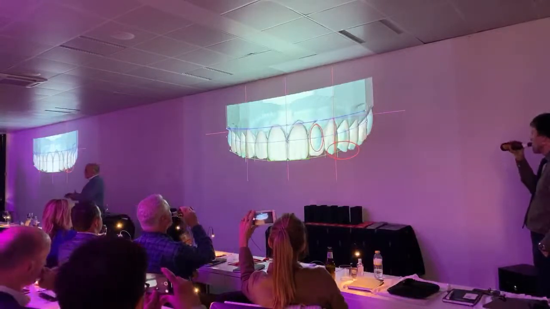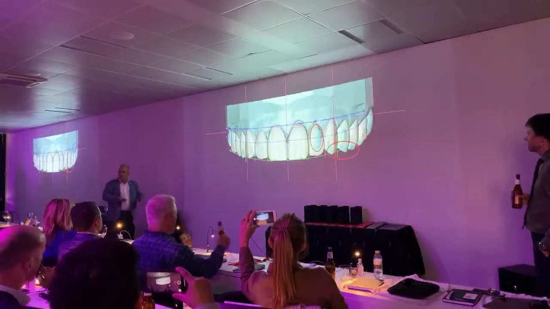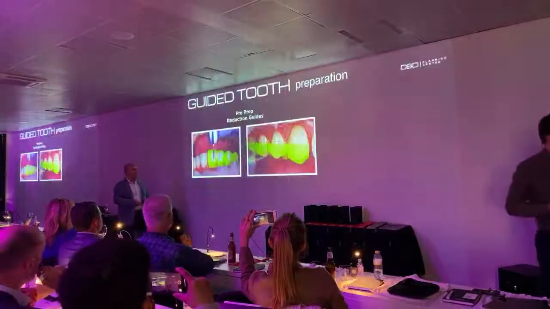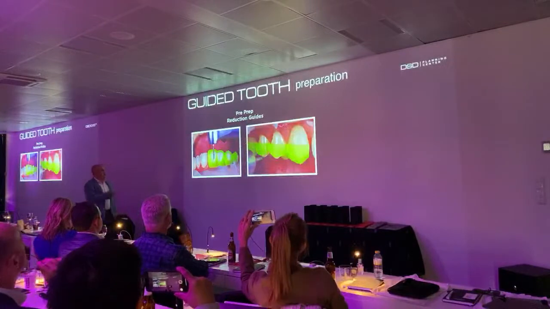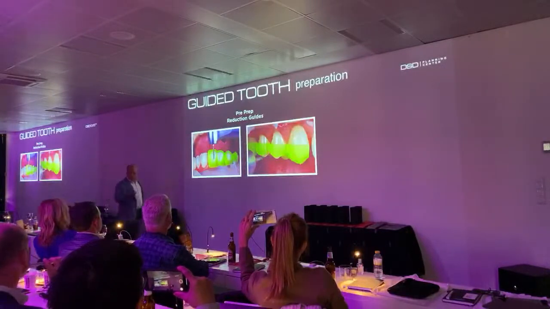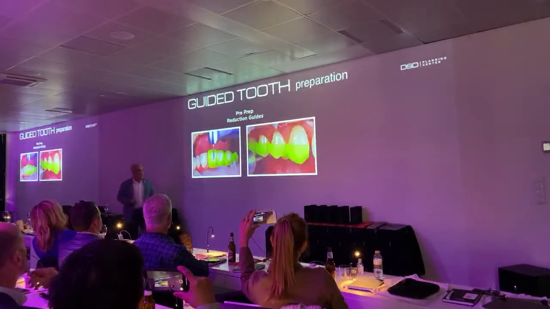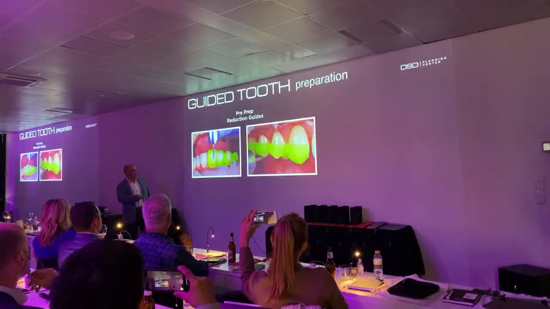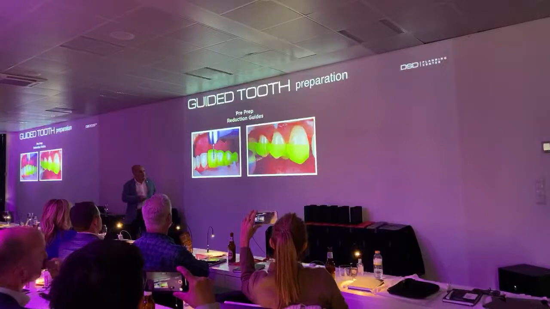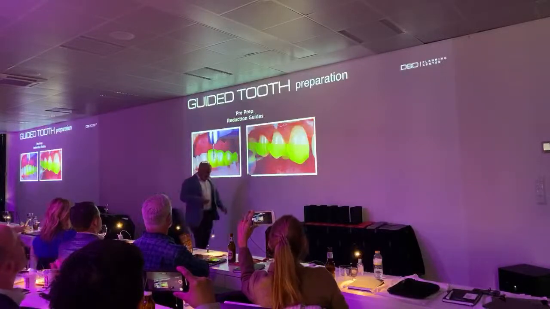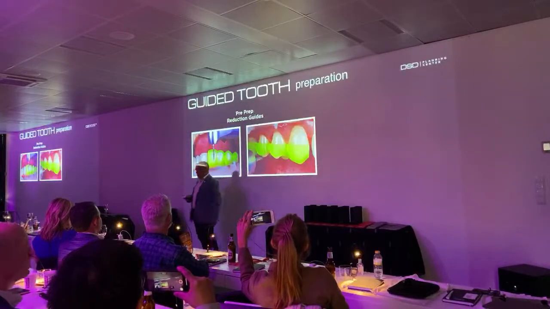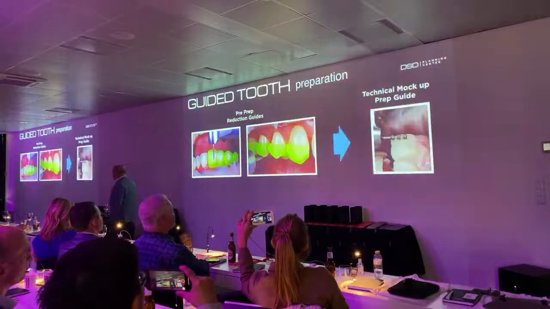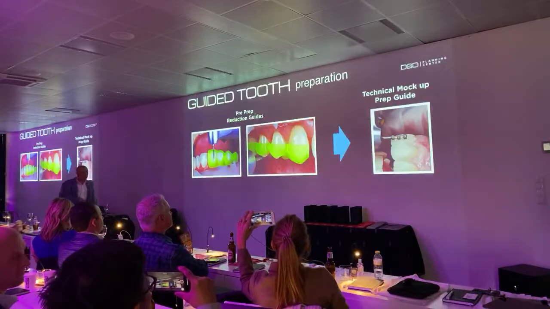And this ideal design should guide your preparation, right? Not the motivational design. So we use first the pre-preparation guides, reduction guides. You can do the buccal and the palatal and the cuspid area, okay? And then you can do the ideal mock-up.